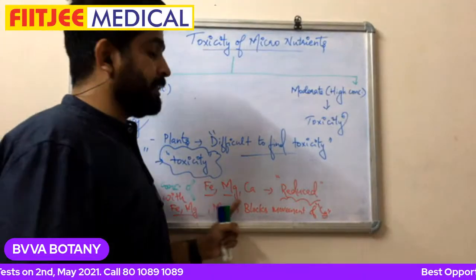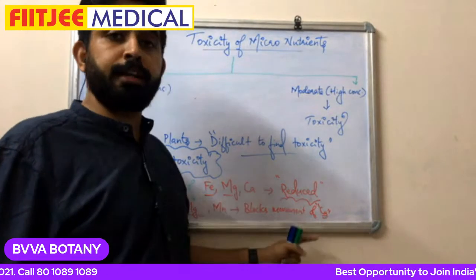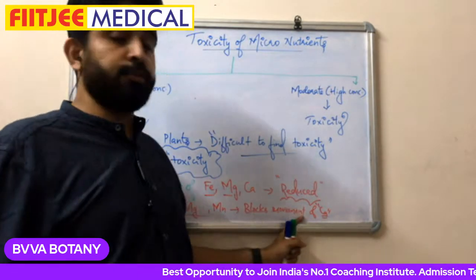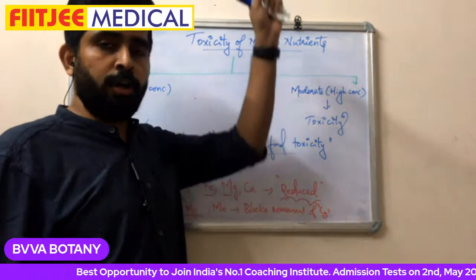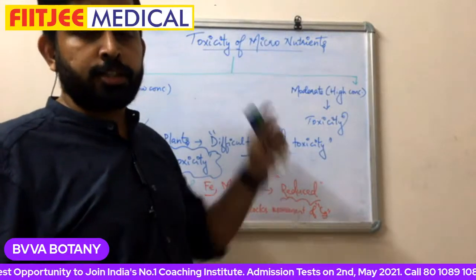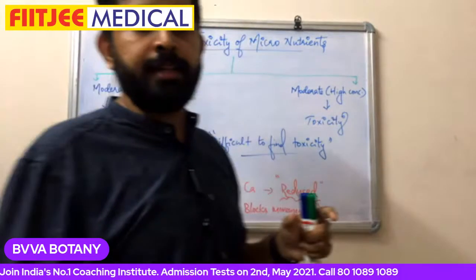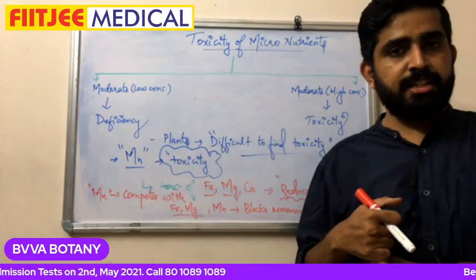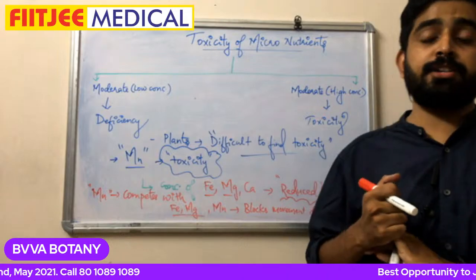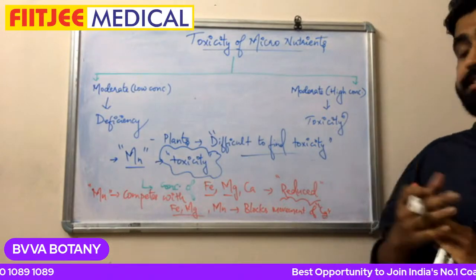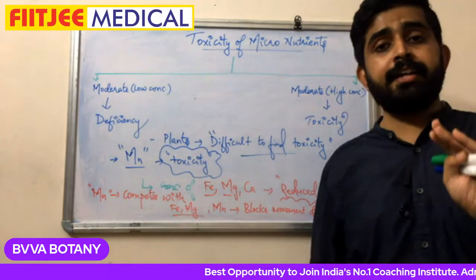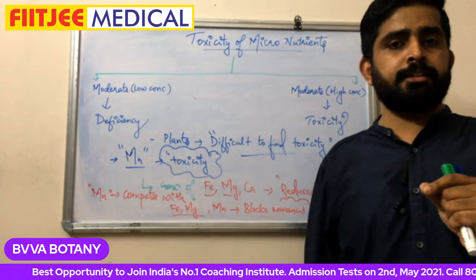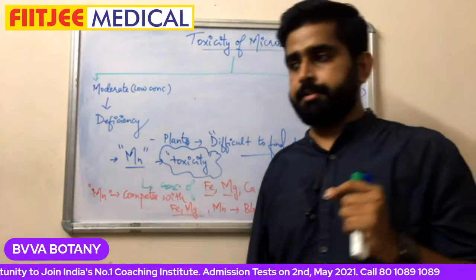At the same time, manganese will block the movement of calcium, so its amount will be reduced. So clear? This is all about the essential elements. First we took the criteria for essentiality, then the types of essential elements, then the functions, deficiency symptoms, and toxicity. Now we will move on to the second very important topic of this chapter, that is hydroponics.